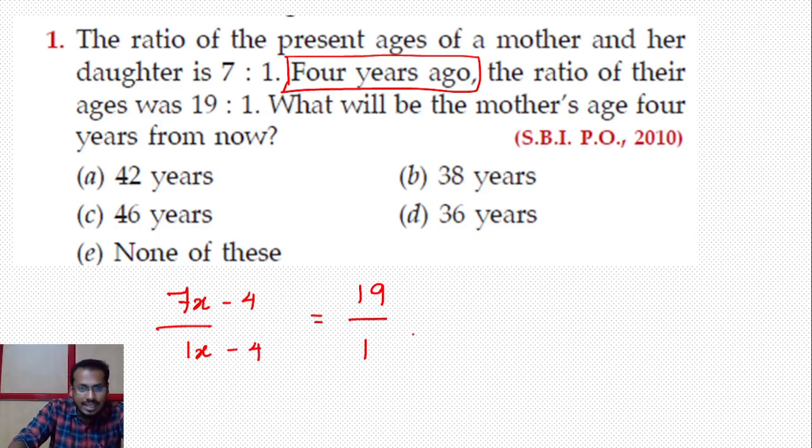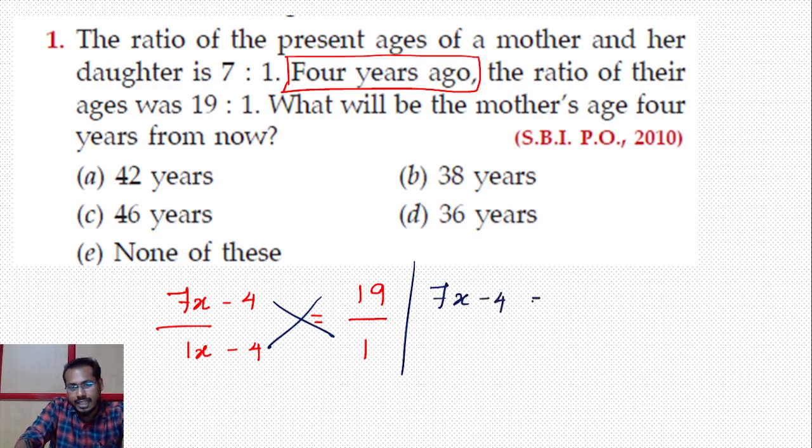Now it is easy. If you cross multiply these numbers, you will get the answer. That's the easiest way of getting the solution for this kind of question. Left hand side equals right hand side. Cross multiply: 1 times 7x minus 4 is equal to 19 times x minus 4, so 19x minus 19 into 4.